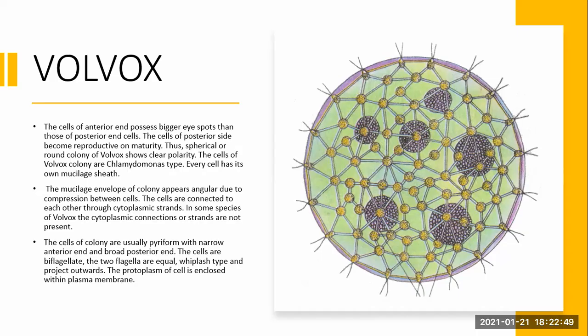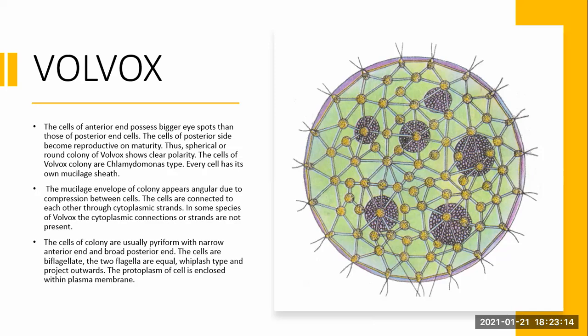Every cell has its own mucilage sheath. The mucilage envelope of the colony appears angular due to compression between cells. The cells are connected to each other through cytoplasmic strands. In some species of Volvox, the cytoplasmic connections or strands are not present.